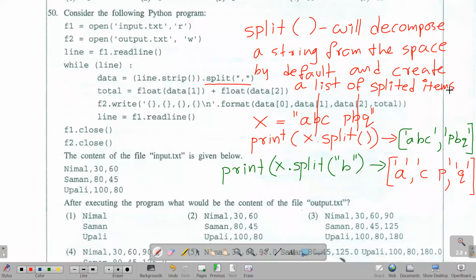Right, so you may write down this particular thing which I have written on the board. We'll decompose a string from the space by default and create a list of splitted items.